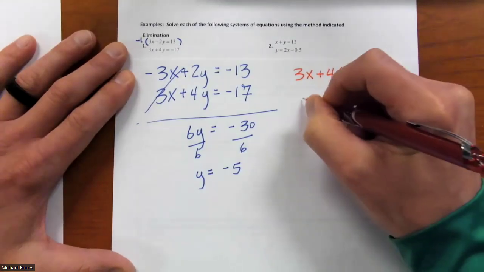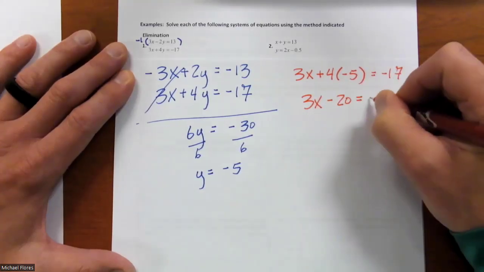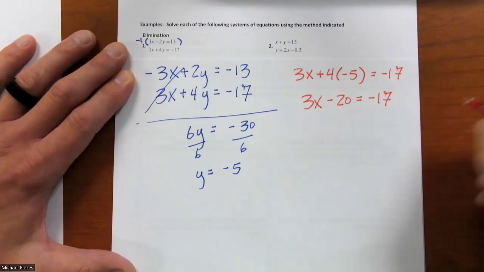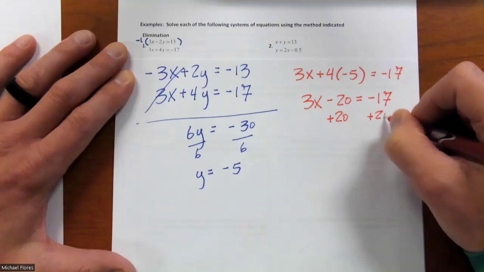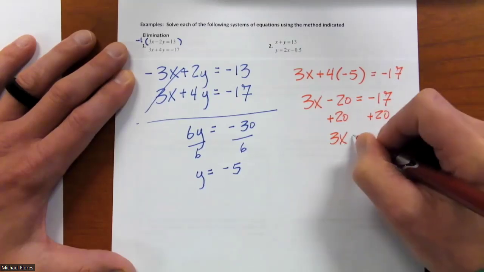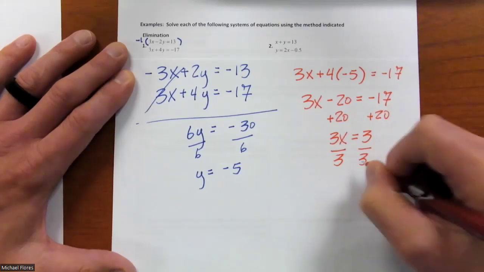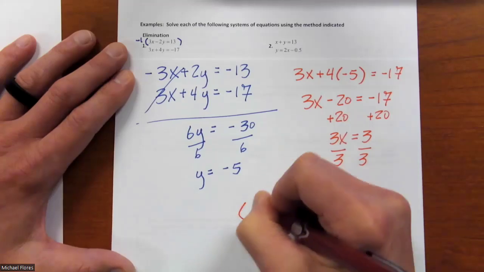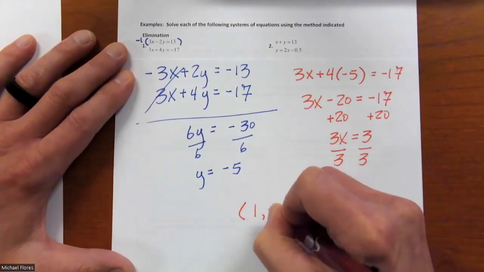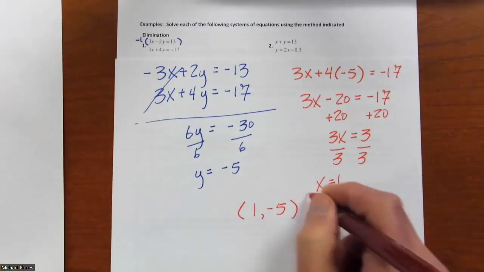And now begin solving. x equals 1, y equals negative 5, and as an ordered pair, 1 comma negative 5. We have one solution to this system of equations.